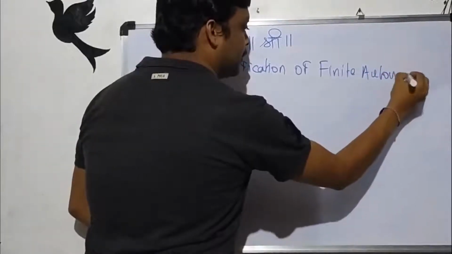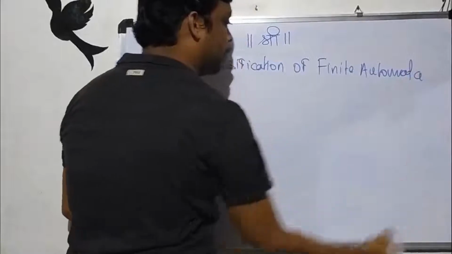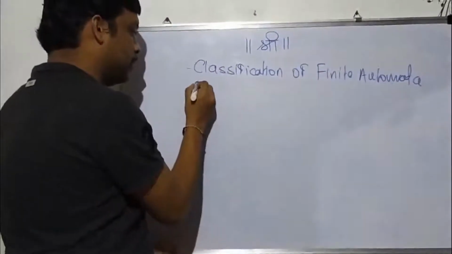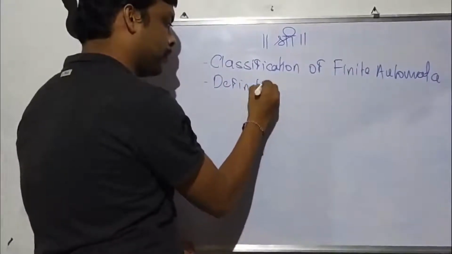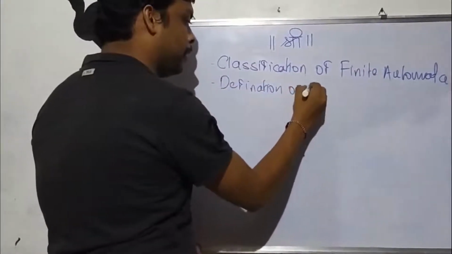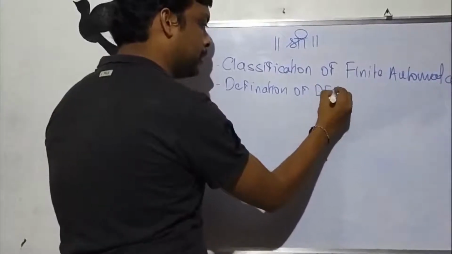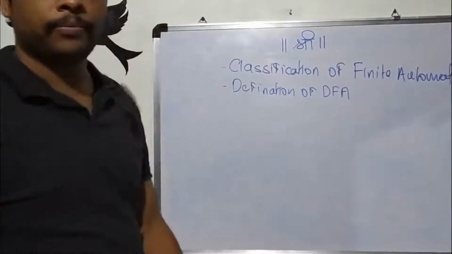And in this session we will also discuss one more point, that is the definition of DFA. DFA stands for deterministic finite automata.